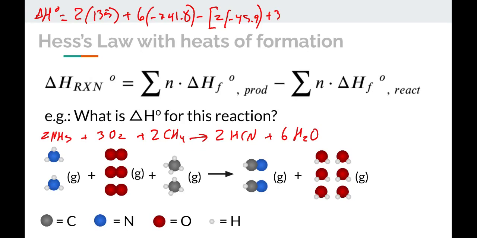Oxygen, we have 3 moles of that, but it's an element in its standard state, so it really doesn't have a heat of formation. And then 2 moles of methane, negative 74.6 kilojoules per mole for that. The sum ends up being negative 940, and we know that that was going to come out in kilojoules. So that's using heats of formation and Hess's law together to predict the heat of reaction for a chemical reaction.